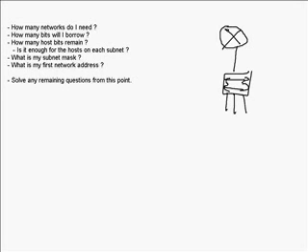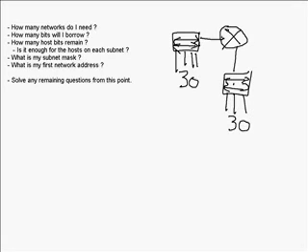We have a router here and a switch, and we need 30 hosts on this network. Now remember, each router interface defines a network or a subnetwork. We need 30 hosts on this subnetwork.